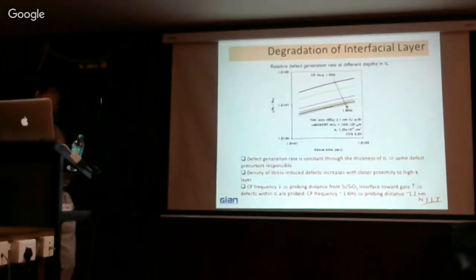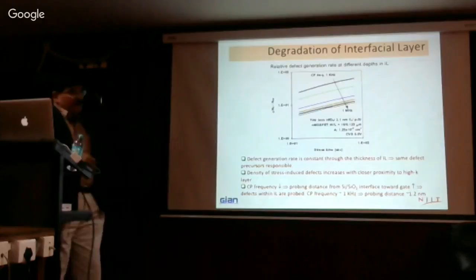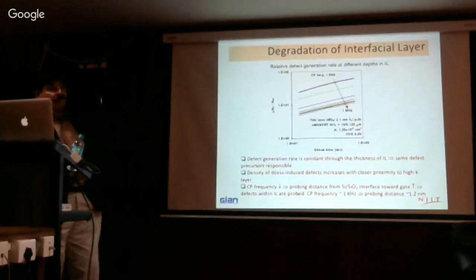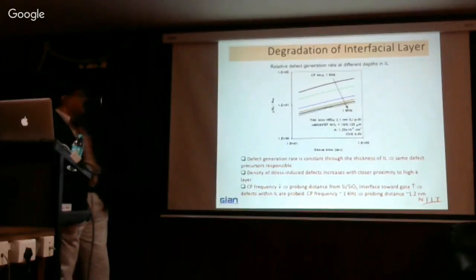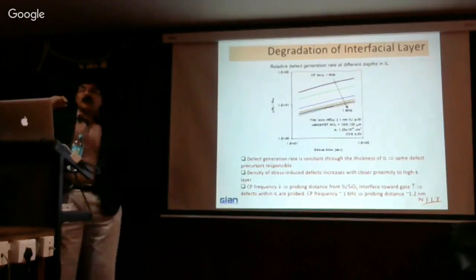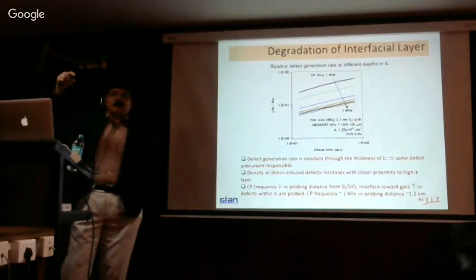And then we looked at this process again, the defect distribution by the charge pumping method that I mentioned. If you change the frequency, what happens is, if you look at the leakage current through this, changing the pulse frequency from 1 kilohertz to 1 megahertz, then you can know the distribution of defects inside the oxide all the way to the interfacial layer and high K layer.